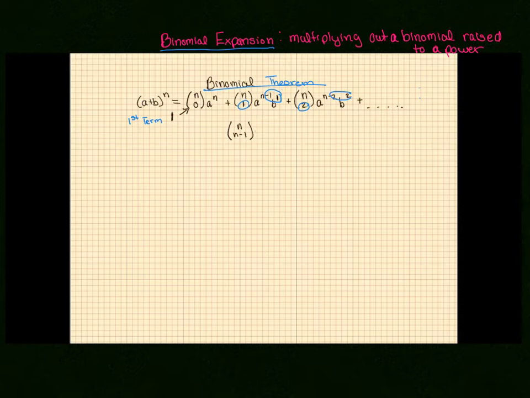And this would be times a to the first power and b to the n minus 1 power. So notice that the exponent for b is always the bottom number in the parentheses here. And then finally plus n choose n, which would be a to the 0 power, just 1, and b to the n power. And so that's your binomial expansion theorem.